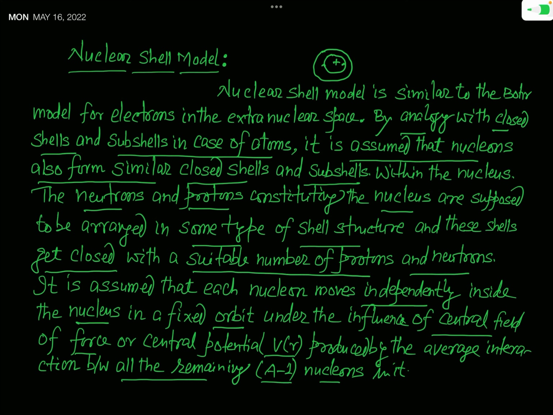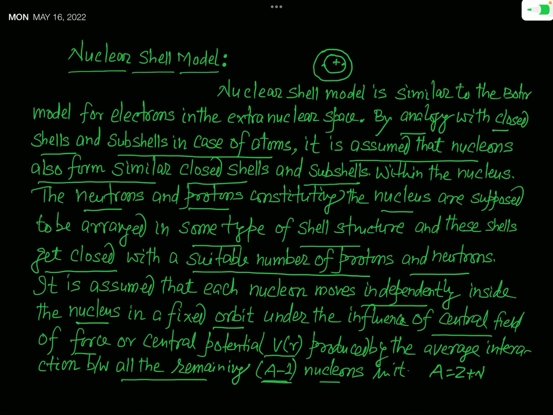What does it mean? If you consider that the total number of nucleons in your nucleus is A, which is also called the mass number, this A is the sum of the number of protons, which we denote by the symbol Z, and the number of neutrons. So if you consider one nucleon moving in an orbit, the force responsible for moving this nucleon in orbit is provided by the remaining nucleons.